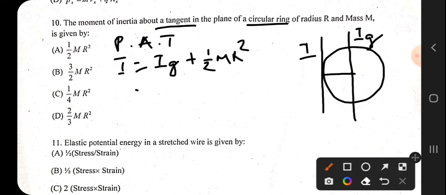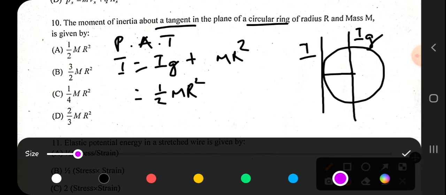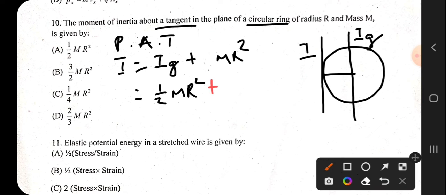In this case the moment of inertia of the circular ring about its axis equals half m r square. Sorry students, actually this one will not be half, this one will be only m r square. Apologies for the mistake. So now the solution will be half m r square plus m r square. Clear? So this equals 3 by 2 m r square. So according to this, the answer will be option number B.